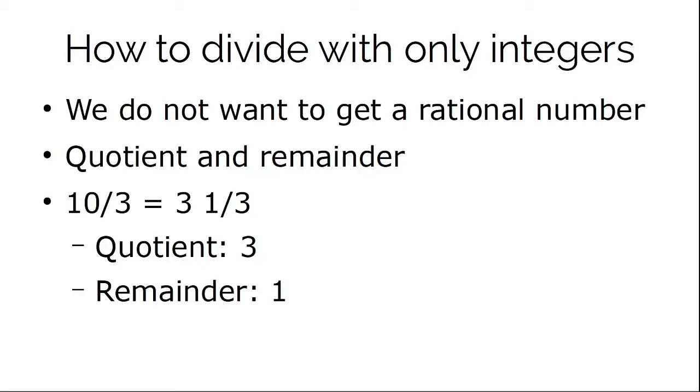The remainder is what's left. So if you give 3, 3, 3, you will have 1 cake slice left. And this is equivalent to the numerator of the fraction that we have here. So that's 3 1/3. Now let's go into an example of actually applying this with decimal numbers.